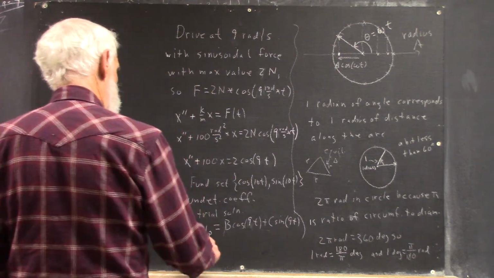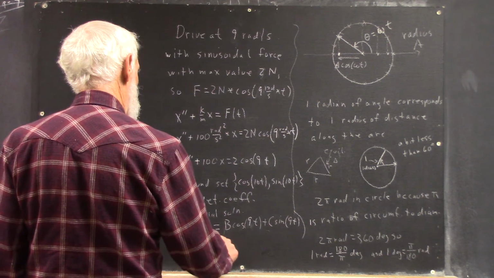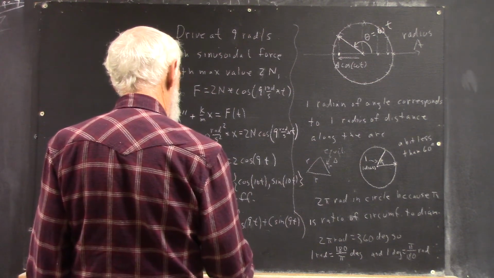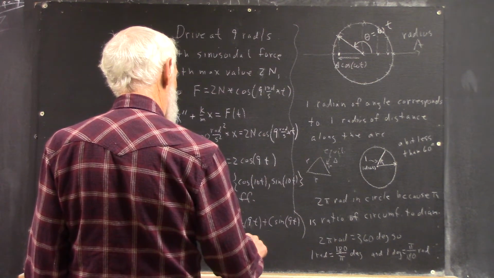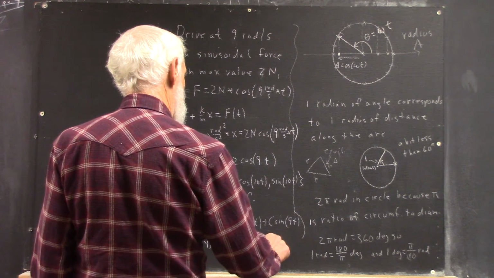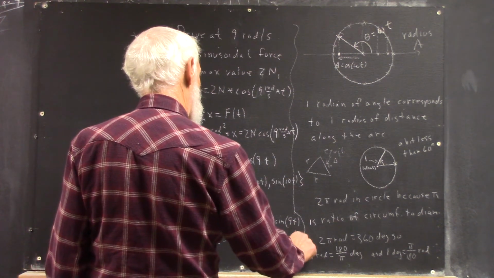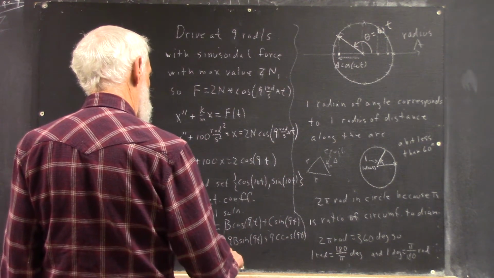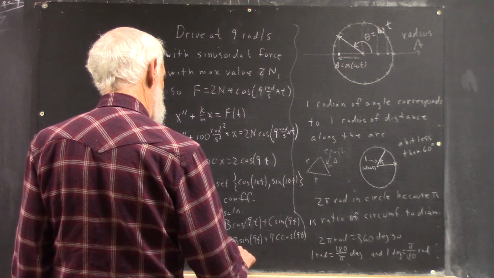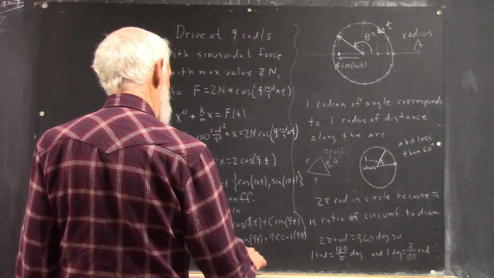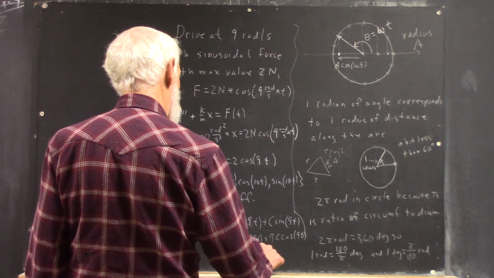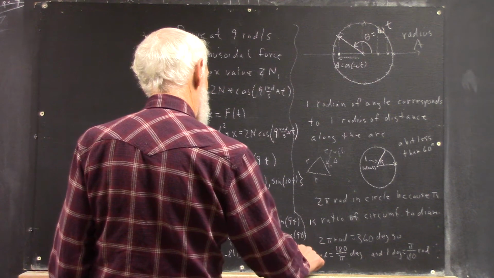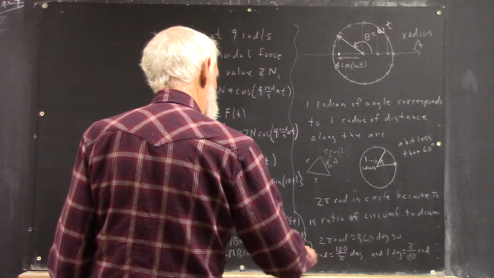So that yp prime, and I know you can do this because you did it the other day, equals negative 9b sine of 9t plus 9c cosine of 9t. And we don't really need yp prime. All we need is yp double prime, and that's going to be negative 81b cosine of 9t minus 81c sine of 9t.